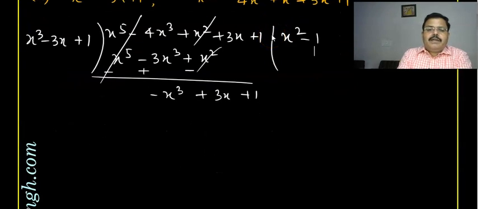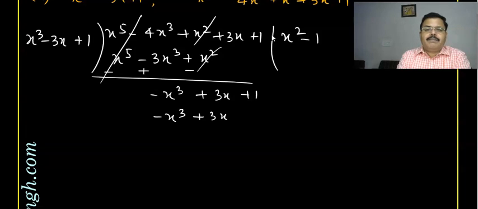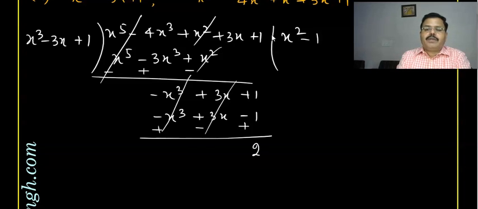So what will that be? Minus x cube, minus minus plus 3x, and plus minus minus 1. Now if I change the sign, this will be positive, this will be negative, this will be positive. So these two cancel out, and 1 plus 1 becomes 2, which is not equal to 0.